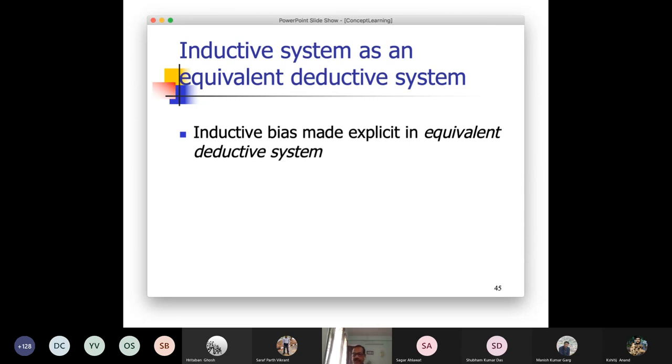So now it has become a deductive system. If you add those constraints, the rest of the things will follow.